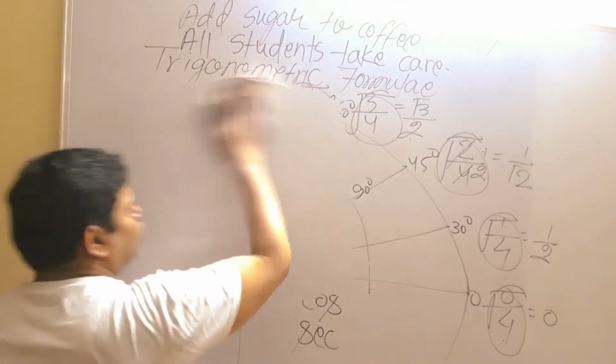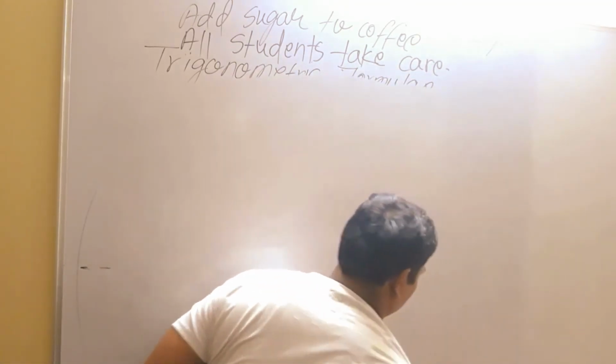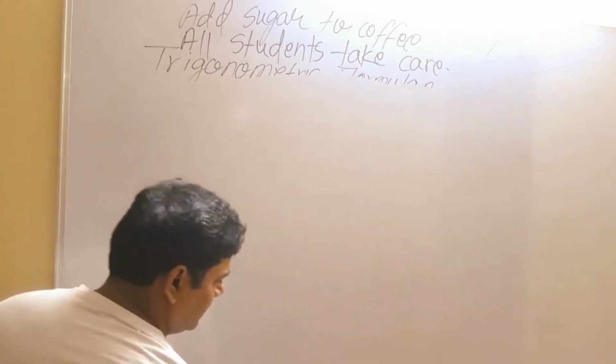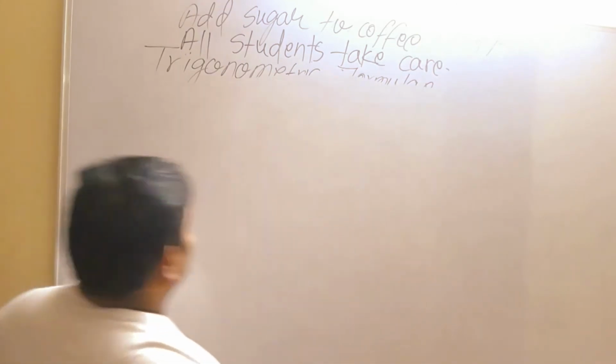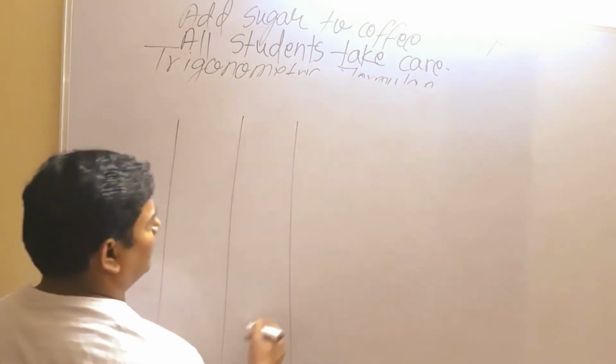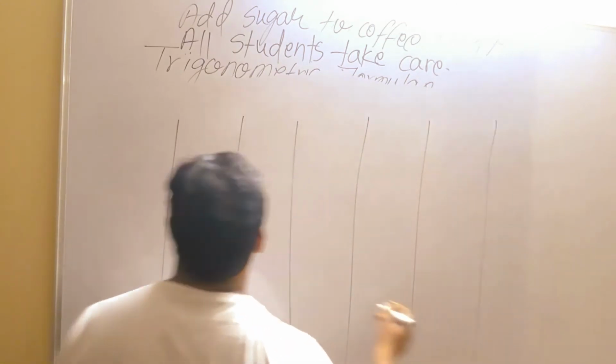Now we will draw a column. And with the help of that column also we can find the values. Let us see how. We'll draw 5 columns, 1, 2, 3, 4 and 5.